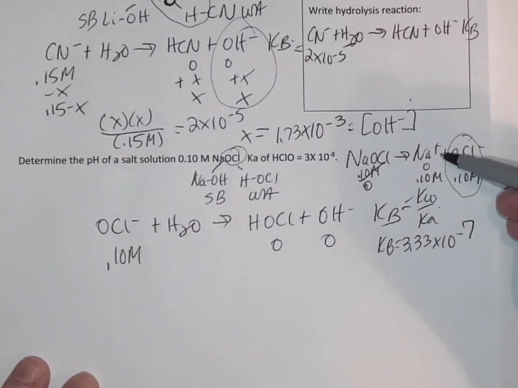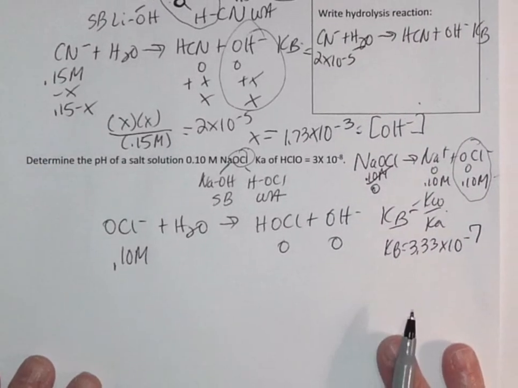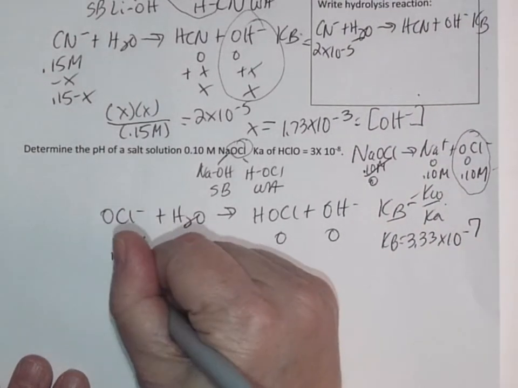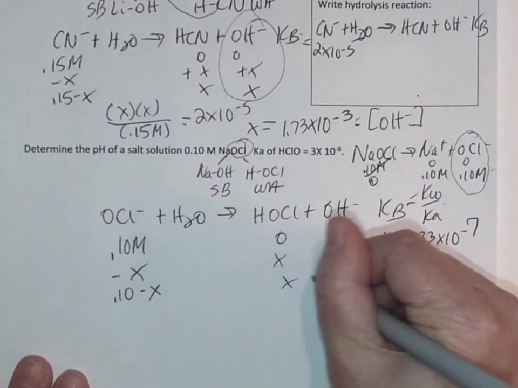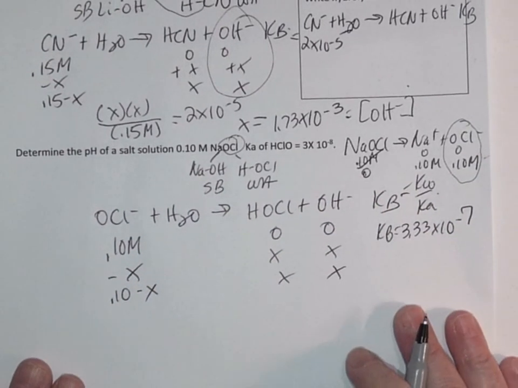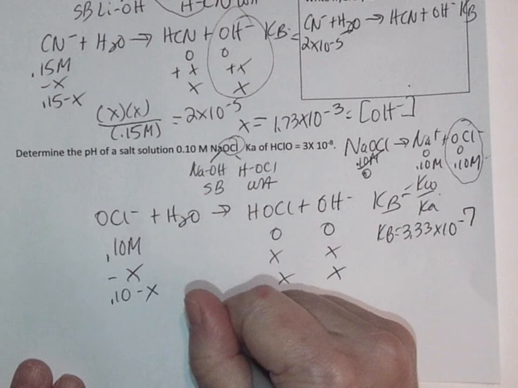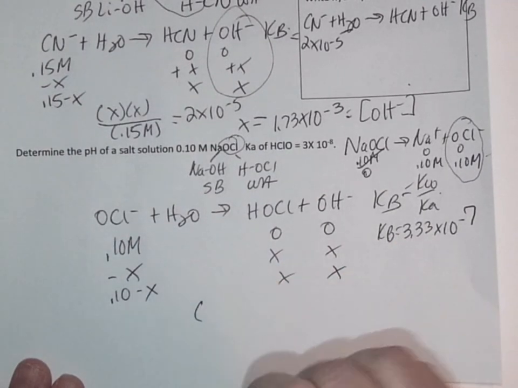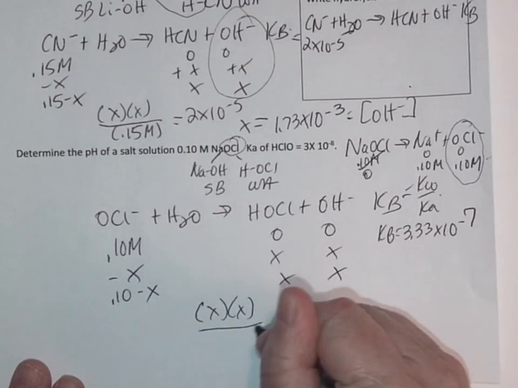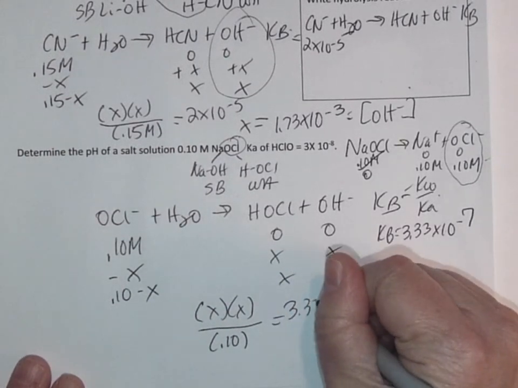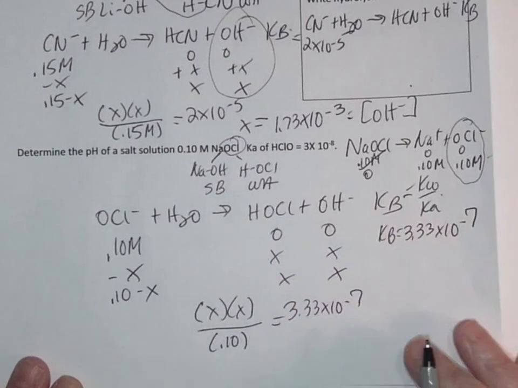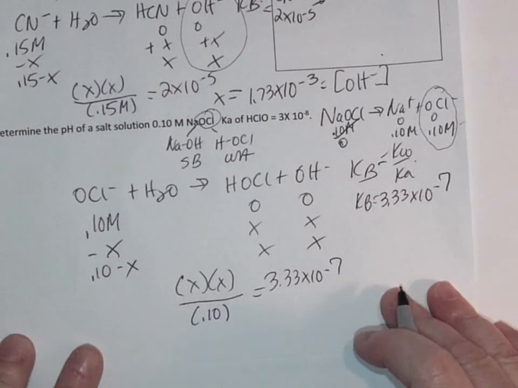Now, if there was a 2 in front of this, I would multiply that by 2, but these have just been 1s. So a little bit of this is going to make some of that. I didn't write my K expression because I'm running out of room, and so I'm going to take my x times x over 0.10, and it's going to equal 3.33 times 10 to the negative 7 because I needed a Kb.